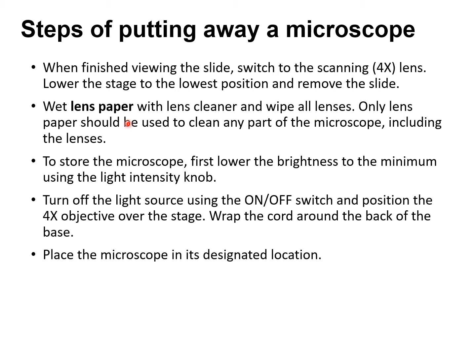If you use that lens paper to wipe off the oil from your 100x objective and then use that same lens paper to clean your other objective lenses, you're going to expose your other lenses to the oil, and by doing that, you would damage the microscope. So make sure that you do not use that same lens paper, especially the one that you've used to clean off the oil off of your 100x objective.